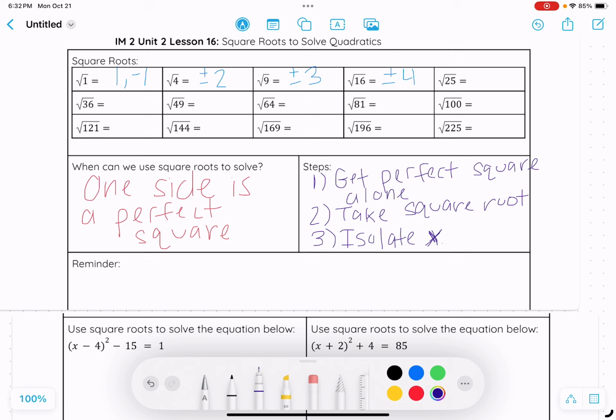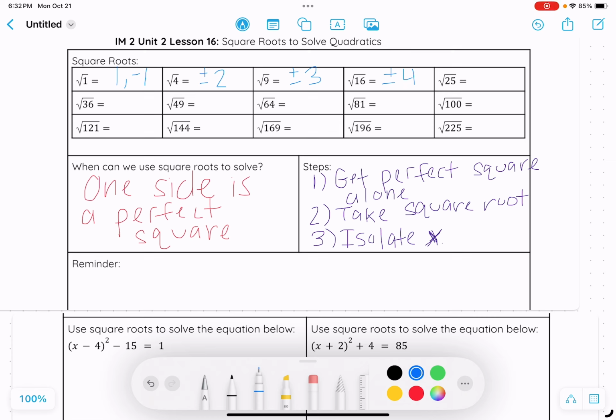A quick reminder is when we take the square root of something, we always have a positive and a negative answer. We've seen that with quadratics, when we're trying to find our x-intercepts, we normally have 2 answers. That's where this positive and negative come into play. One of our answers is going to be positive, one of our answers is going to be negative.